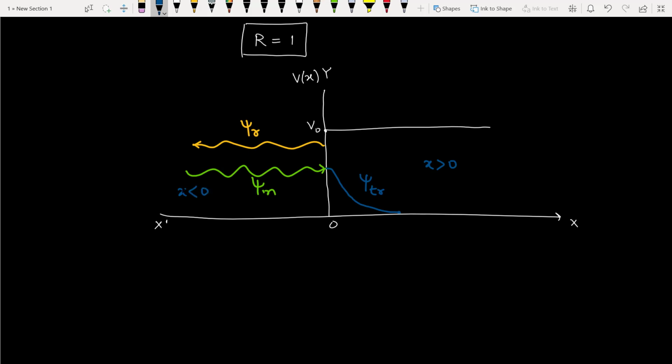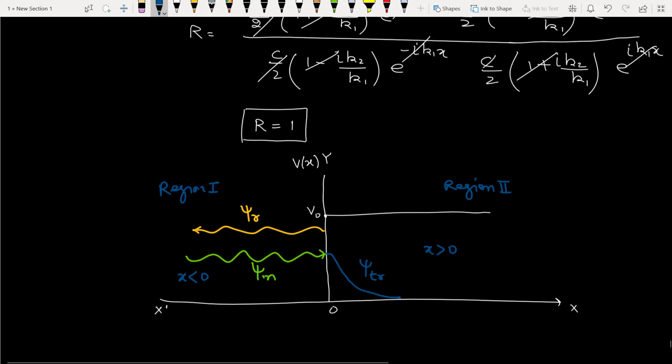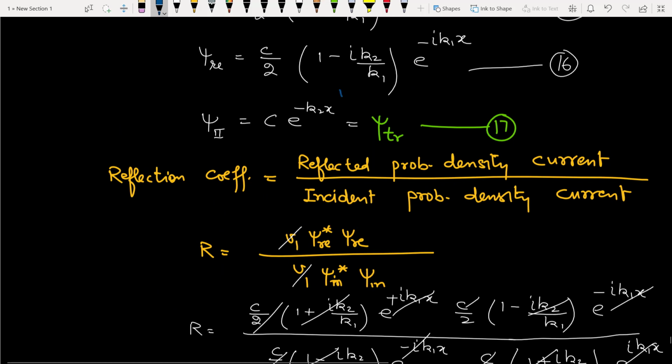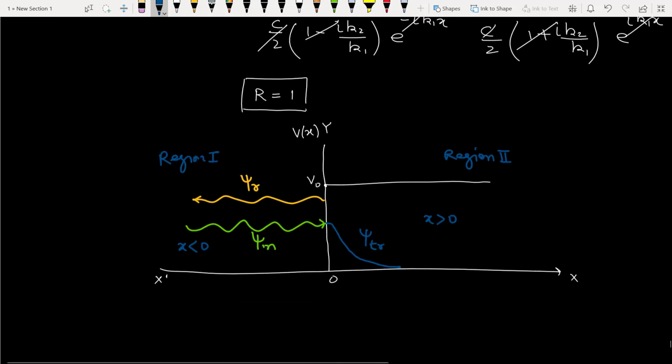This is x, this is region 1, this is region 2. So psi TR, as it is an exponentially decaying function, decays exponentially.